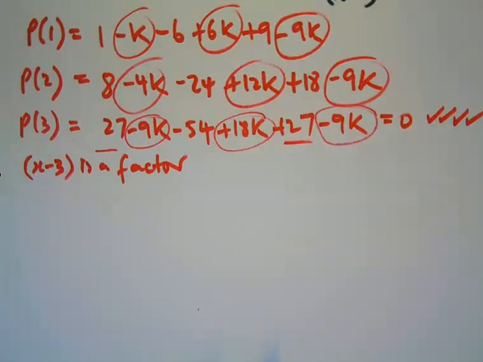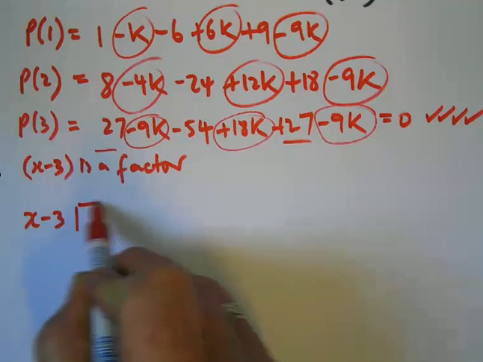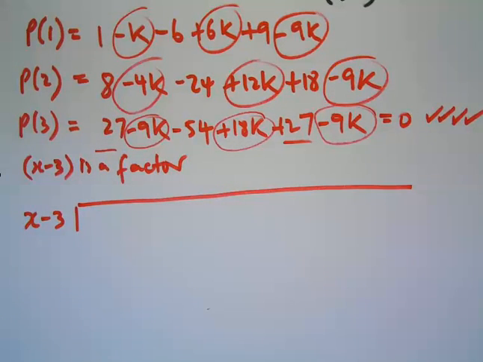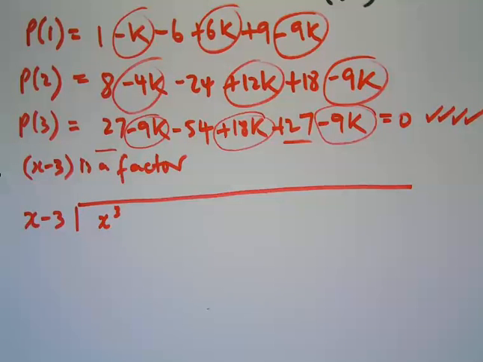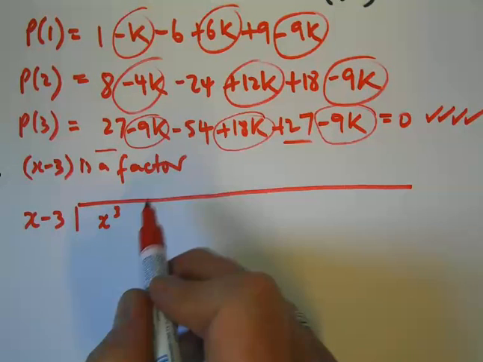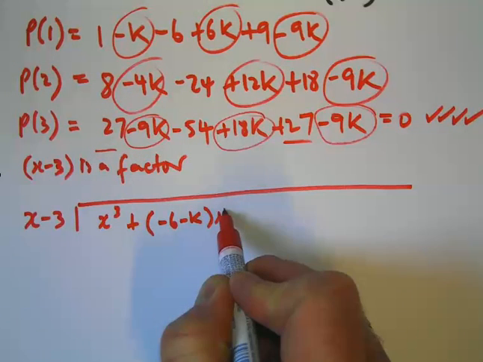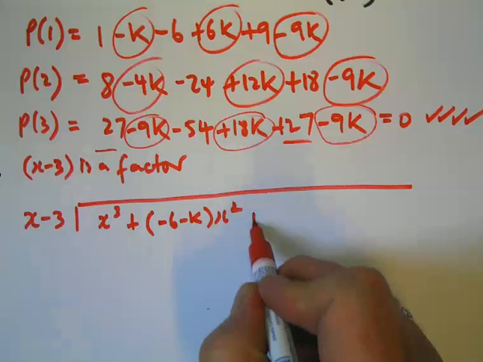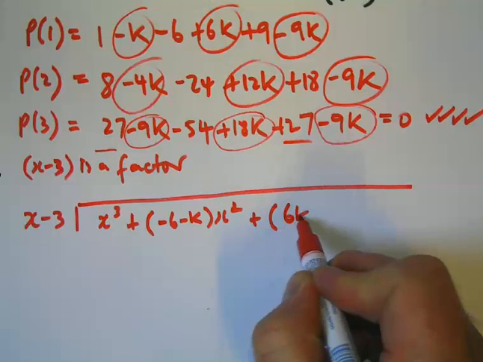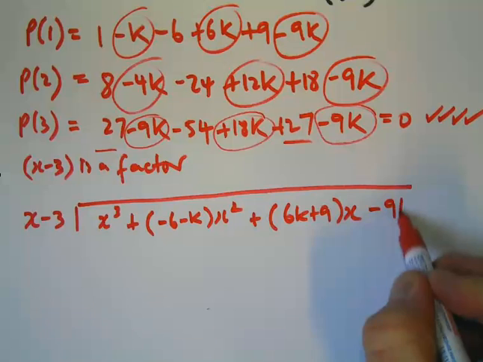So in my division, I need to divide x minus 3 into x cubed, plus minus 6 minus k x squared, and plus 6k plus 9x minus 9k.